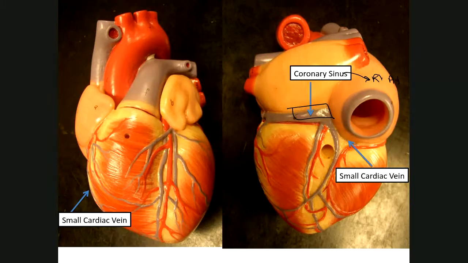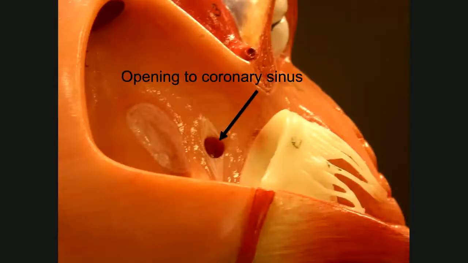So if we look right here, inside, we look in there and look right here, we should see a hole, because there should be an opening to the coronary sinus right here, like a hole. And there it is.